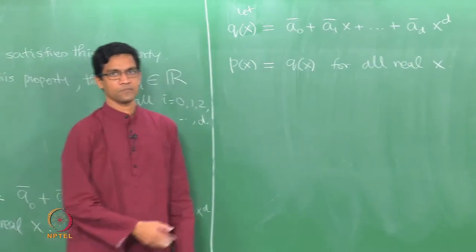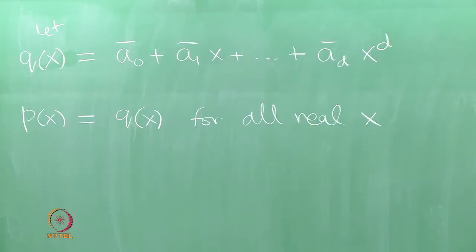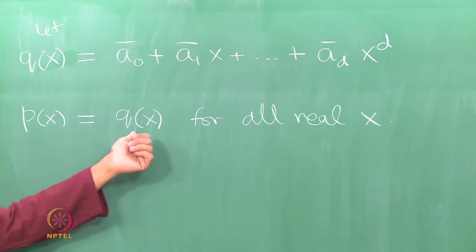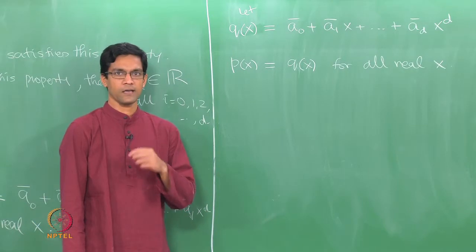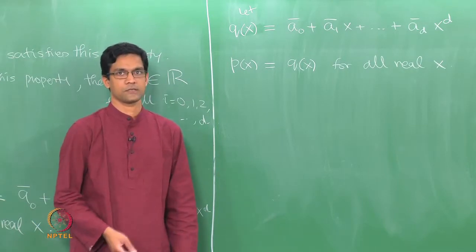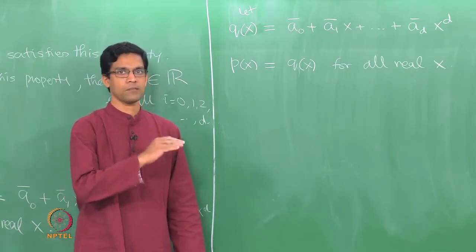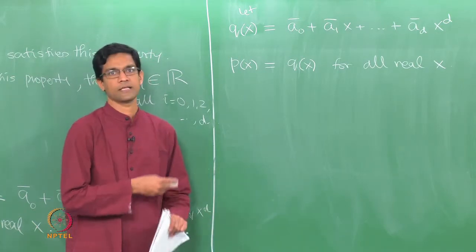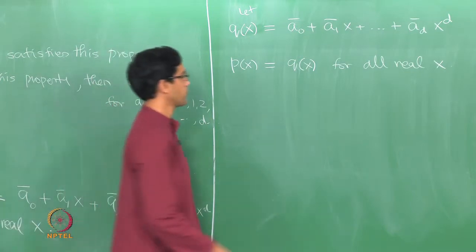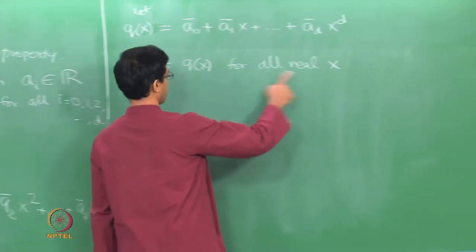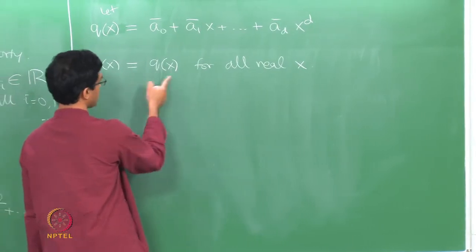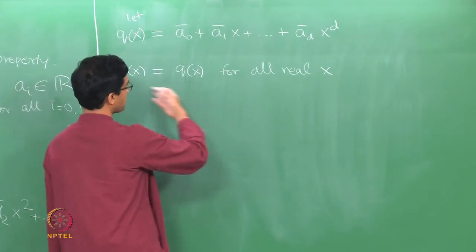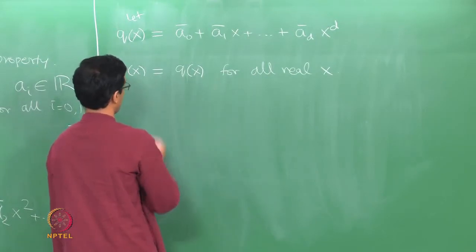Okay. Now observe this principle that we talked about a few modules ago, which is if I have a polynomial of degree d, another polynomial of degree d, and if they agree on d plus 1 points, then they must have the same value on all points, meaning they are exactly the same polynomial. But then observe, for every real number x, I know that they actually agree, and there are infinitely many real numbers. So agreeing on infinitely many points will mean they surely agree on d plus 1 points.